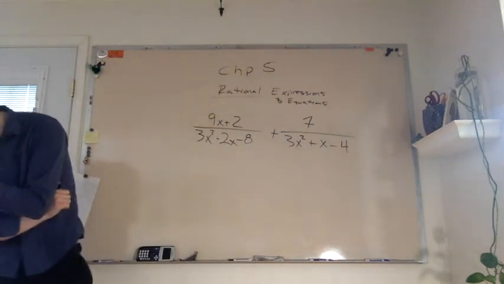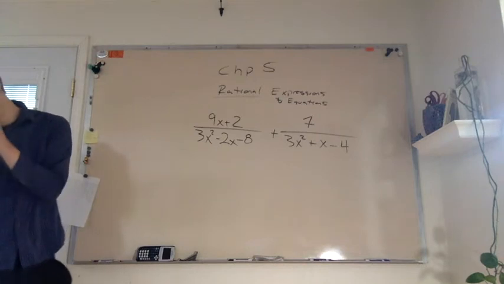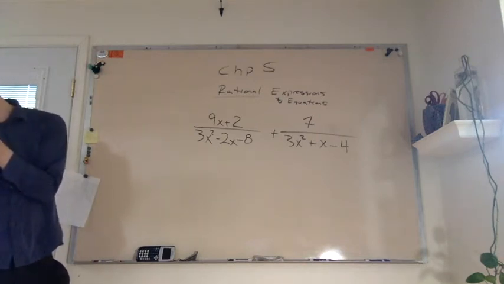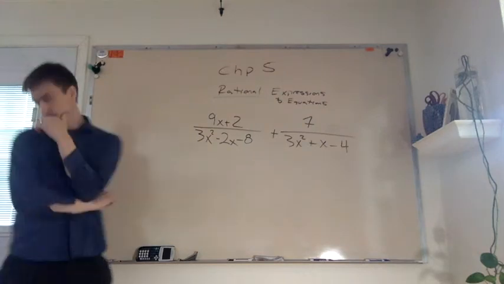Make sure I wrote this down right. Minus 2x minus 8, plus x minus 4. Good.